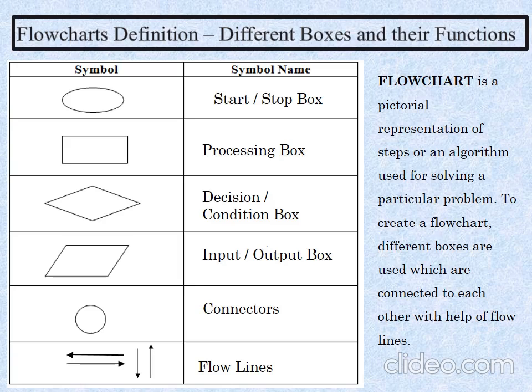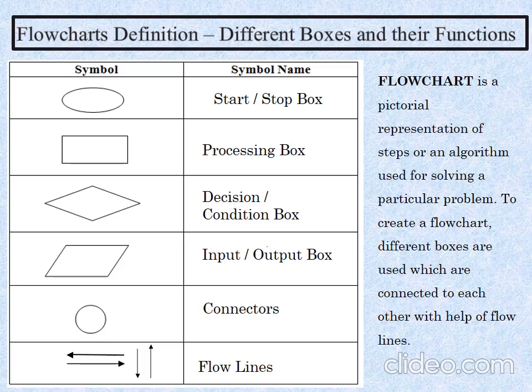Okay. Once it is processed, in certain ways in computers, the decision will be taken. Decision means conditions, like if it is yes, how we need to go, if it is no, how we need to go. So for decision or condition, a diamond shaped box is used. Okay. And next one, input or output.